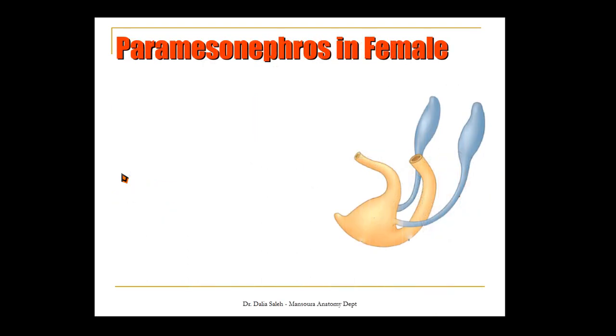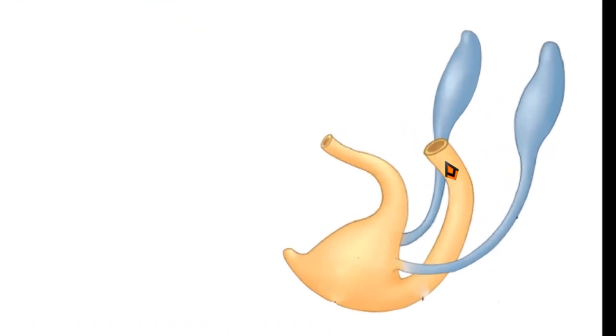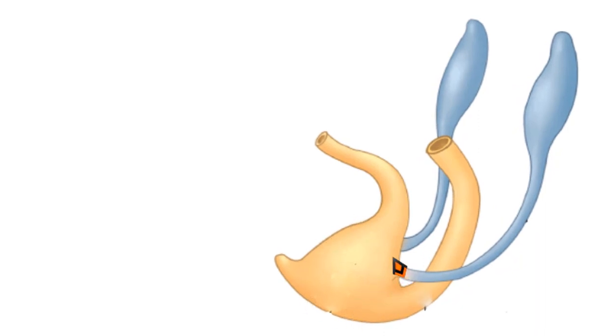Now the predominant duct system that will prevail in the female is the paramesonephric ducts. In this sample diagram you can see the hindgut terminating at this area, which is called the cloaca, and this is the allantois. Also we can see the mesonephric kidney, and these are the mesonephric ducts that open into the cloaca.